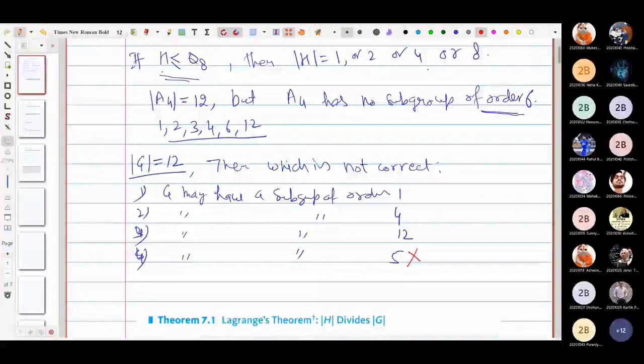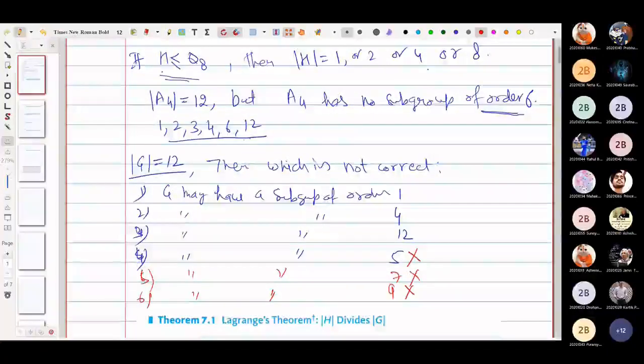So a group of order 12 cannot have a subgroup of order 5, nor of order 7, nor of order 9. Only the divisors are the possibilities.